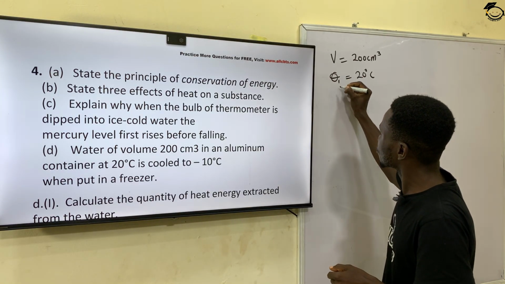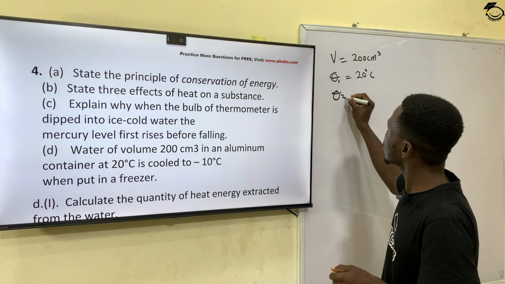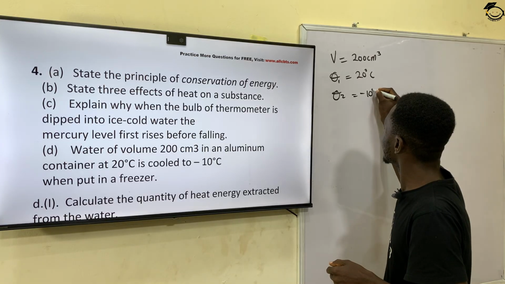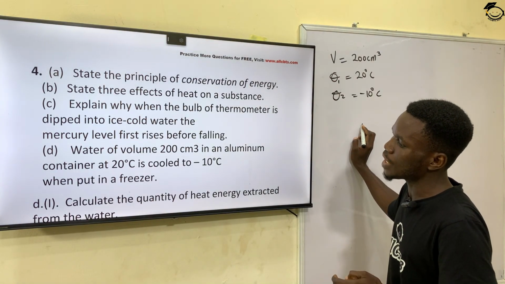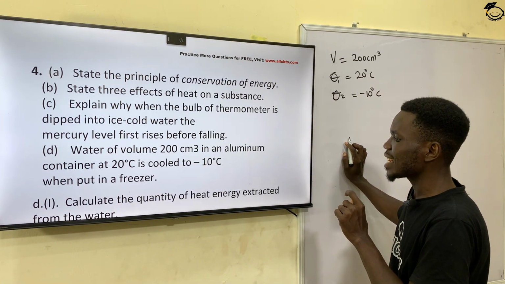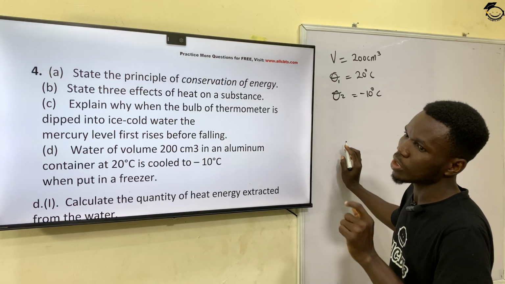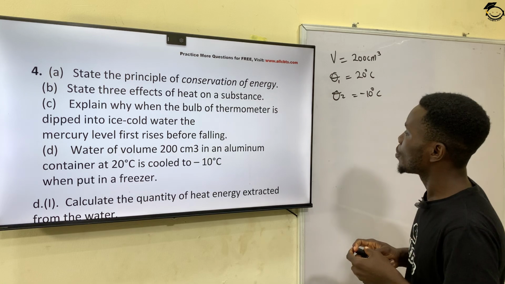So we have the final temperature, theta 2 here, as minus 10 degrees Celsius. They said when put in a freezer, calculate the quantity of heat extracted from the water. So we are trying to find the quantity of heat extracted from the water.